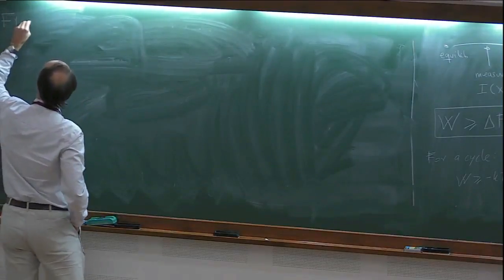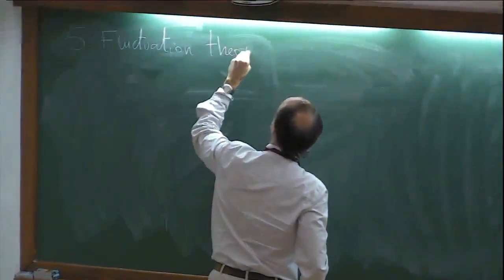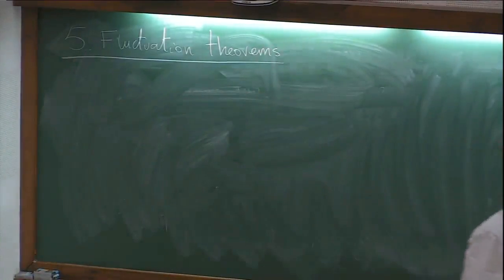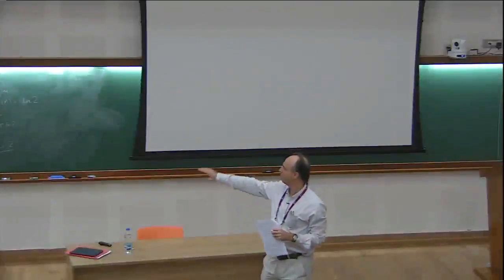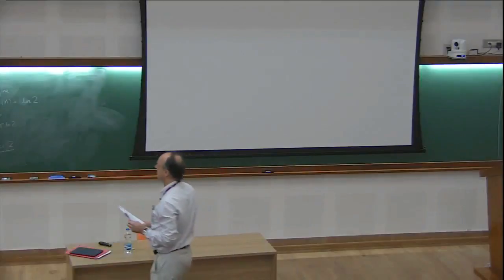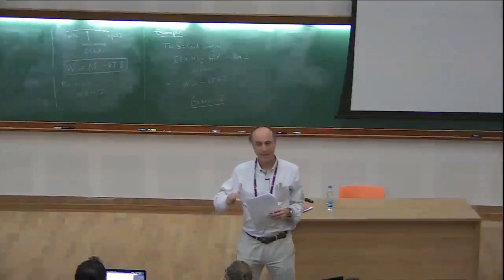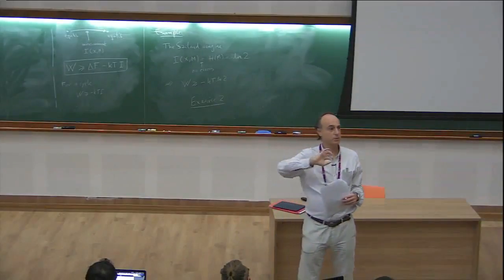So for fluctuation theorems, they tell us about not only averages over these realizations. All these things that we have here are averages, but fluctuation theorems also tell us how the energy transfer, like heat and work, change in a single trajectory, which, because the system is in contact with a thermal bath, is a stochastic trajectory.